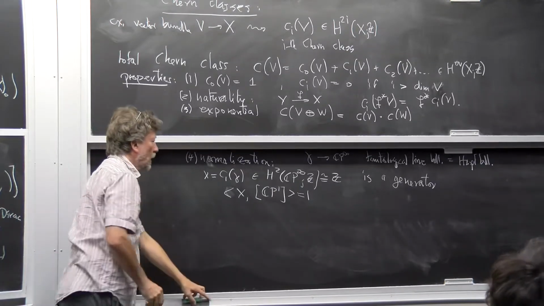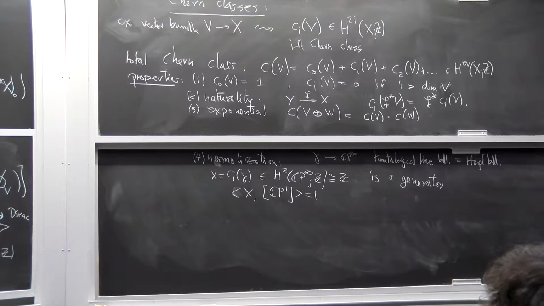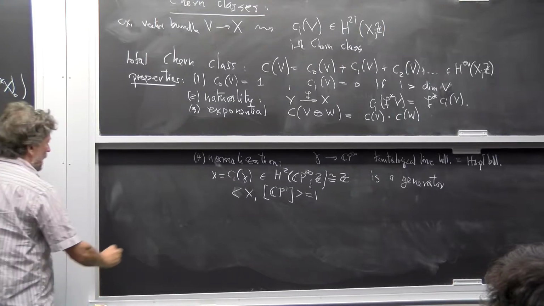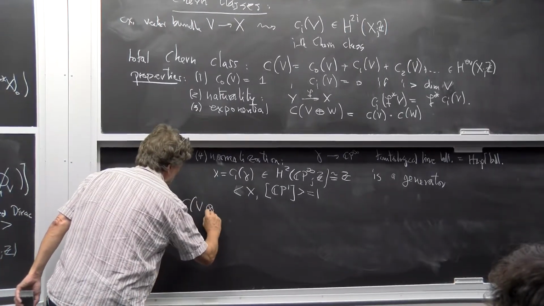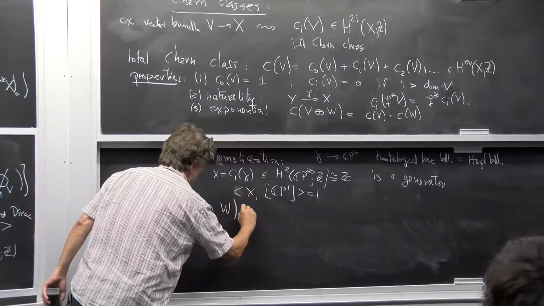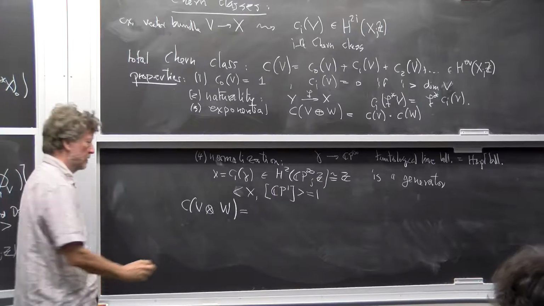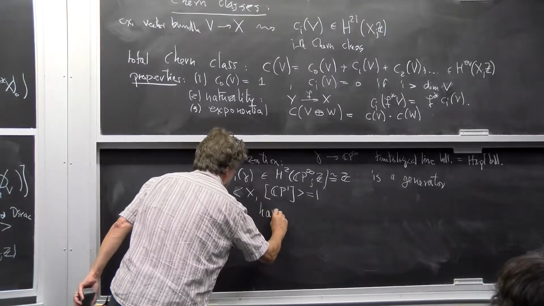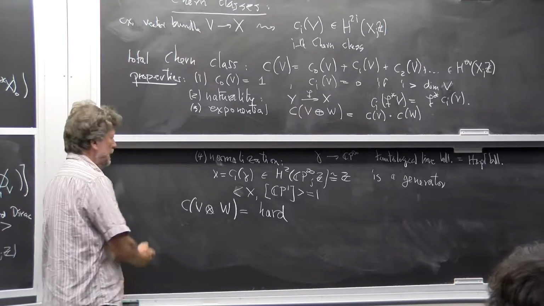All right, so Chern classes are great, but they have a disadvantage. Namely, if you ever try to calculate the total Chern class of a tensor product of vector bundles, well, that's hard to calculate. You can do it, but it's algebraically a bad task.